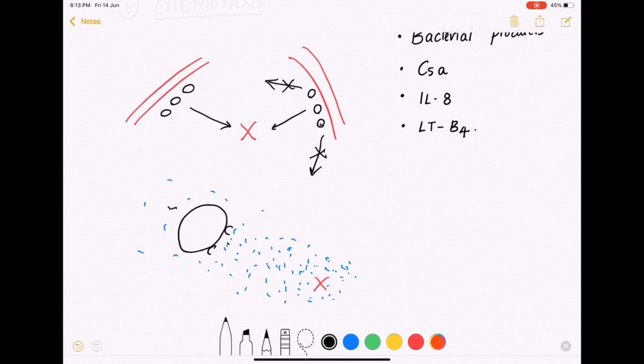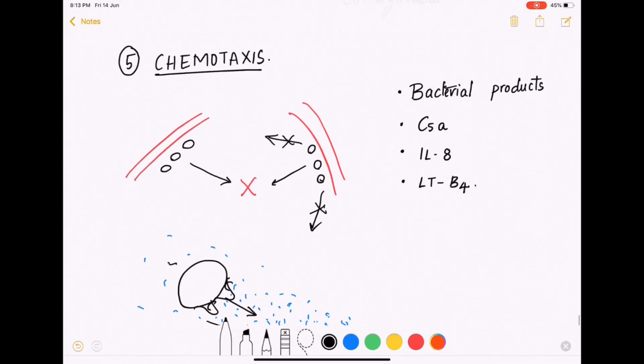So the WBC is going to move closer to the side where it sees more cytokines coming towards it. So it's going to move towards the site of inflammation by this. There'll be some amount of cytoskeletal changes, there'll be pseudopod formation, and it's going to get drawn closer to the site of inflammation.